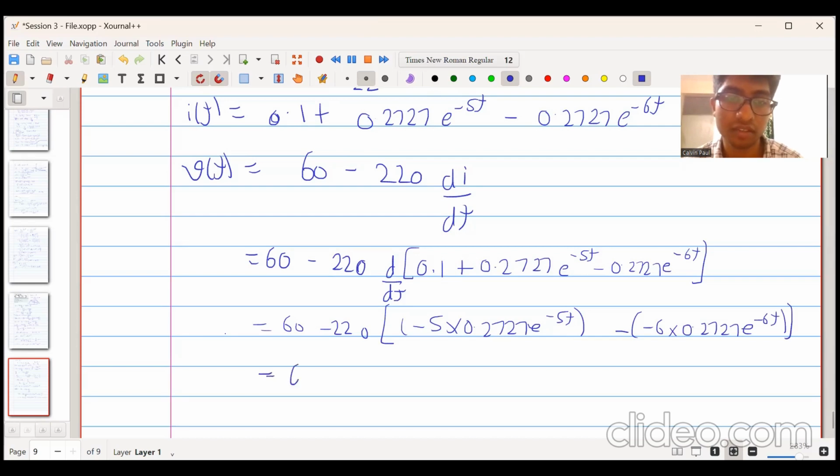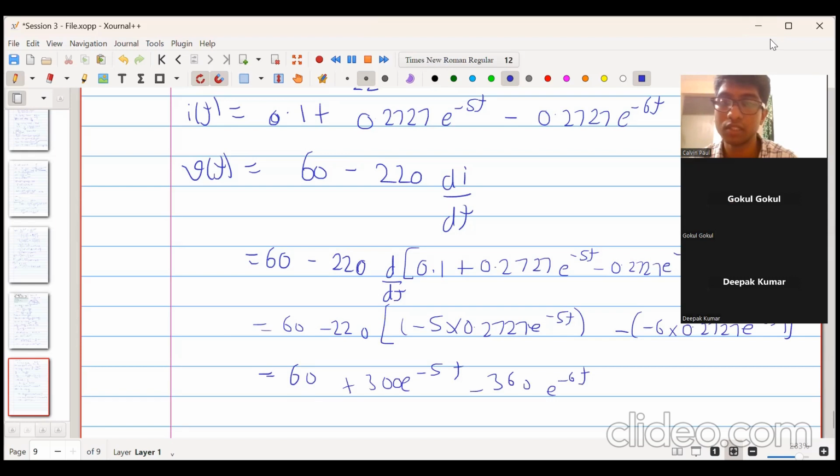When we completely expand it, we get 60 plus 300 e to the power minus 5t minus 360 e to the power minus 6t.